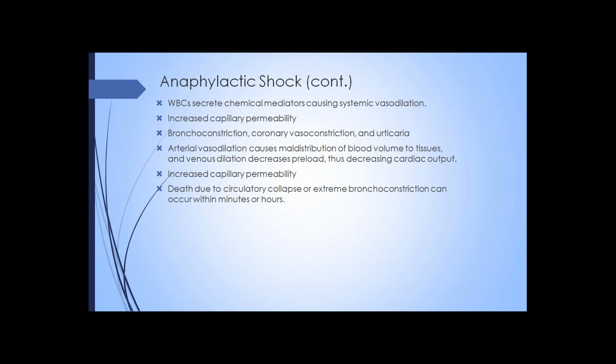Therefore, we don't get a preload. We have a decreased SVR, but we don't have preload to counteract that because even the venous system is dilated. That results in a cardiac output decrease. Again, I talked about that capillary permeability. Apparently, I think it's important because I put it on here twice.